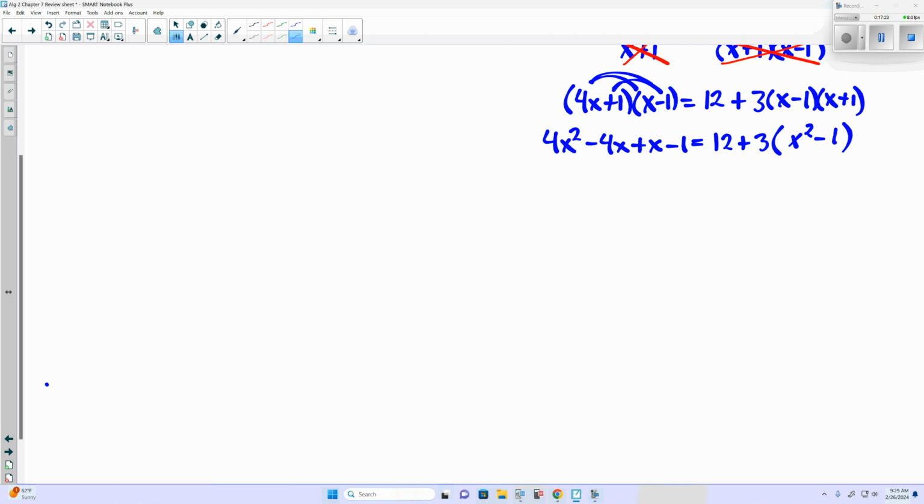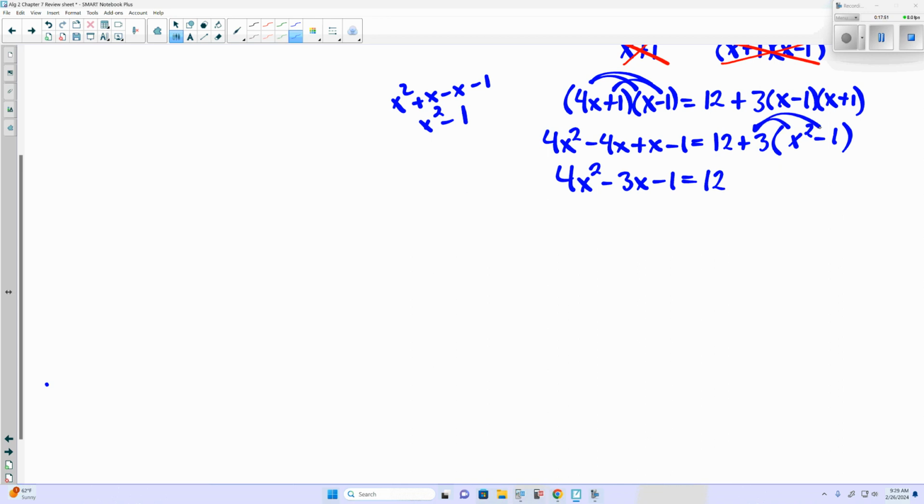Now, at this point, if you went on and multiplied it out, x plus 1 and x minus 1, you would still get to the same spot. Because it would just end up being x squared plus x minus x minus 1, which is x squared minus 1. We'd still get there. It just cuts a step out. Now, at this point, we're going to combine like terms on the left-hand side.